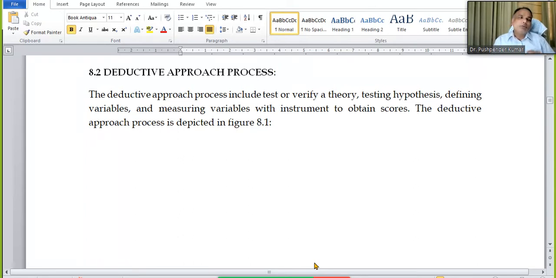Now let me tell you conceptually what this deductive research is. Some phenomenon you want to understand. For example, you want to understand the performance of MCom students after they graduate, after they pass out from this university.